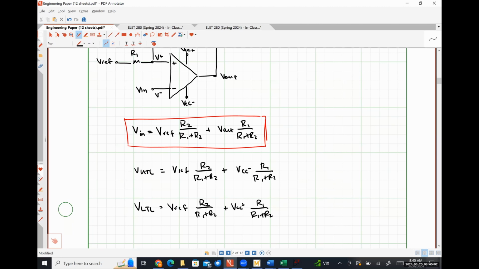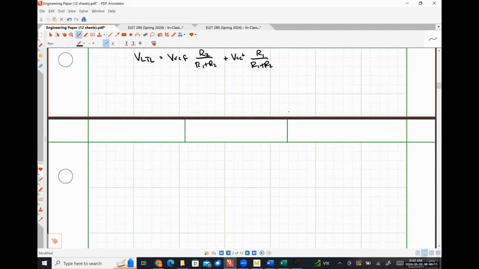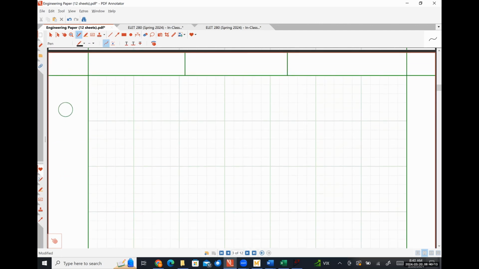All right, so that's Schmitt triggers. That's one application of positive feedback. Now, let's look at another commonly used application of positive feedback. So this circuit is what's called an op-amp astable multivibrator circuit.